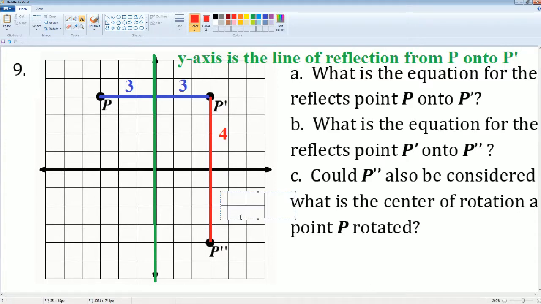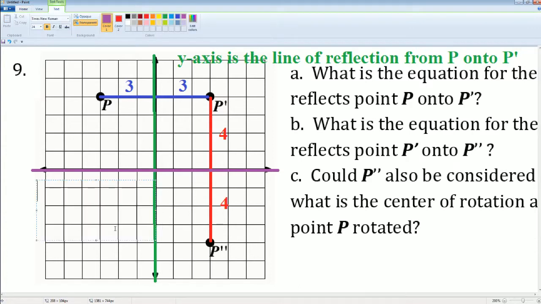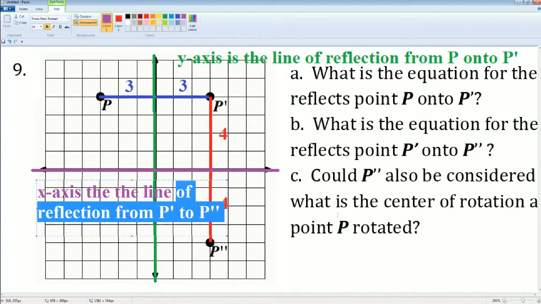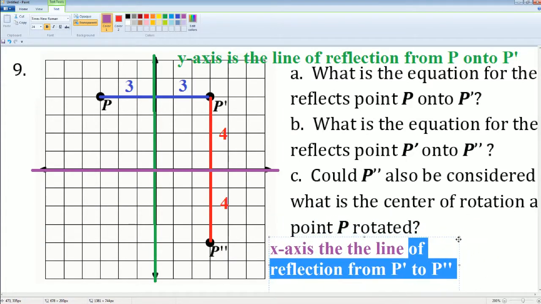The whole thing was 8, so 4 and 4, and the line of reflection is down that middle. So we would say here that the x-axis is the line of reflection from P prime to P double prime. Right, we would say that.